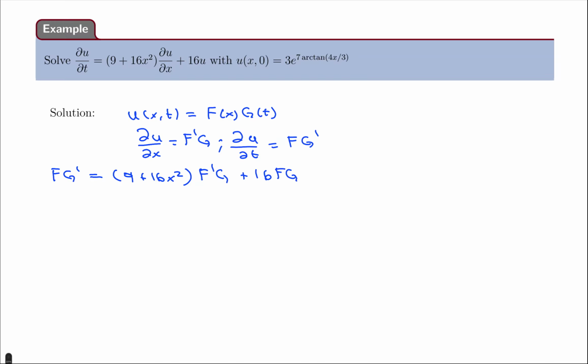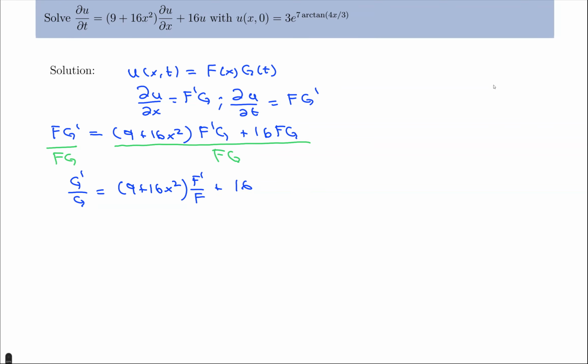Again, the trick here to start the separation of variables is to divide both sides by the product f g. So that is going to leave us with g prime over g equals, cancel the g's, 9 plus 16x squared times f prime over f plus 16, because the product f g cancels out.